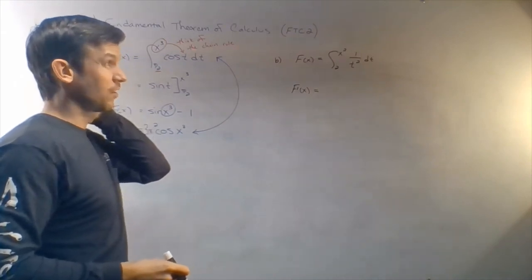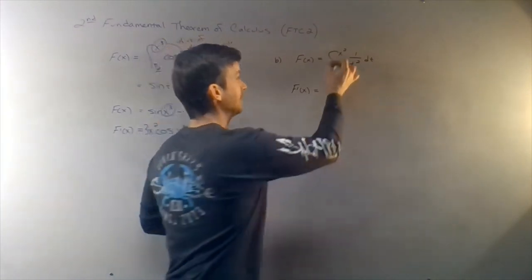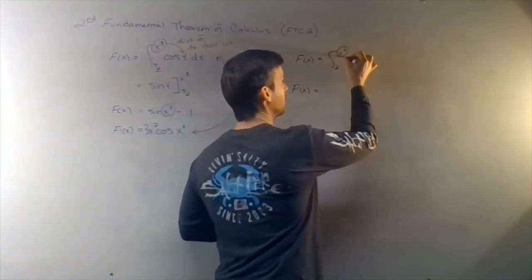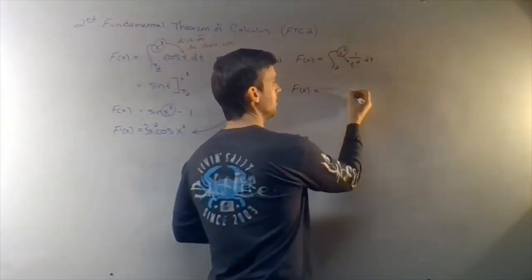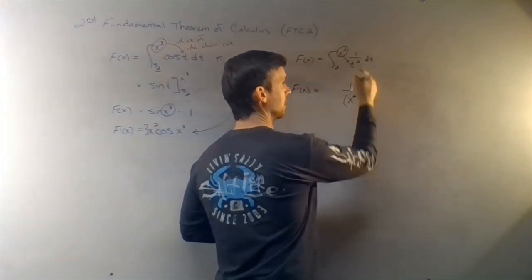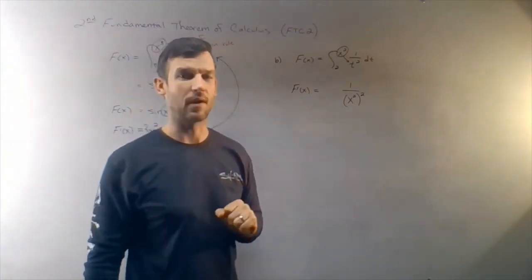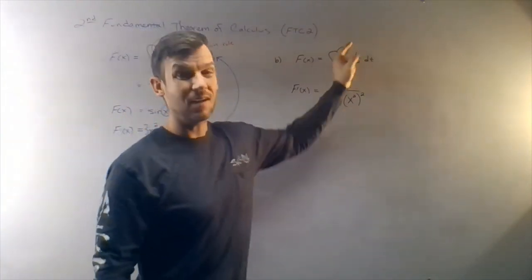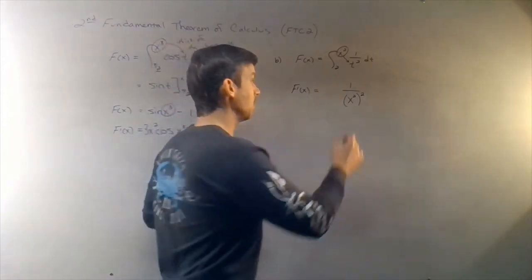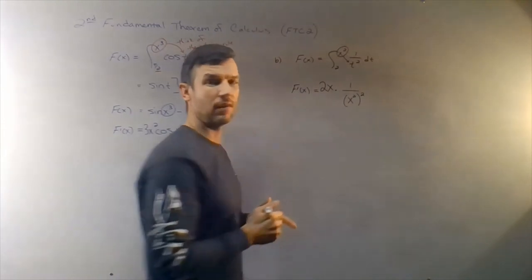So the second fundamental theorem says, as long as I have a constant down here, I can take this x squared and plug it in. So that's going to be 1 over x squared squared, because it used to be t squared. We're replacing t. So x squared is going to get squared. But because that is x squared, we also have to multiply by 2x, the derivative of x squared.